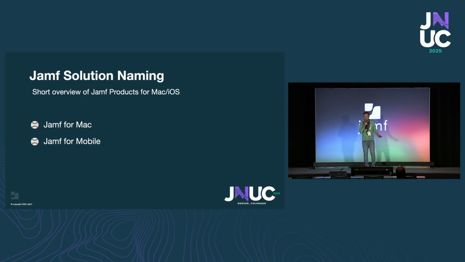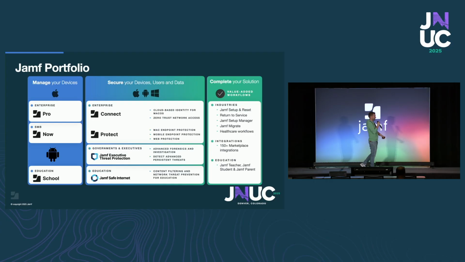You might have heard about that. And the last one we're going to offer is Jamf for K-12, which is Jamf School. So a different platform, not Jamf Pro in this case, also having a security portal in it, and we're going to have Jamf Safe Internet instead of the whole Security Cloud.